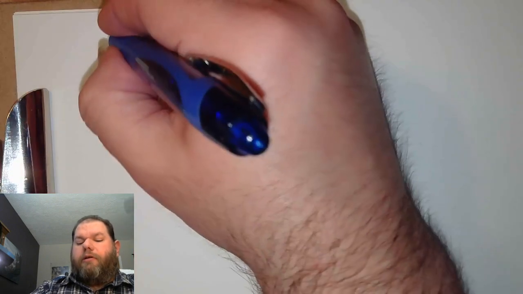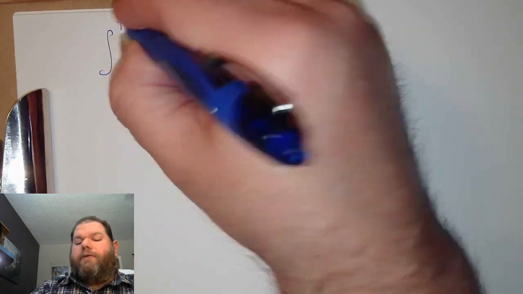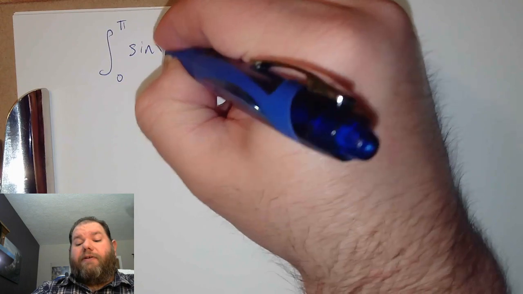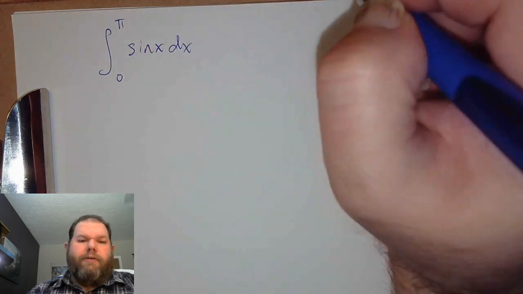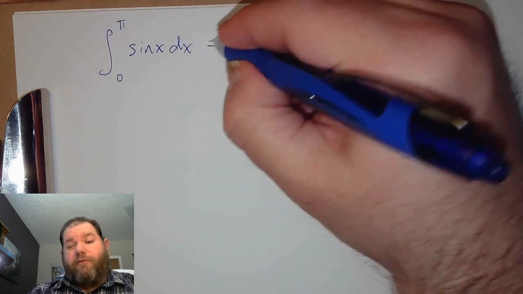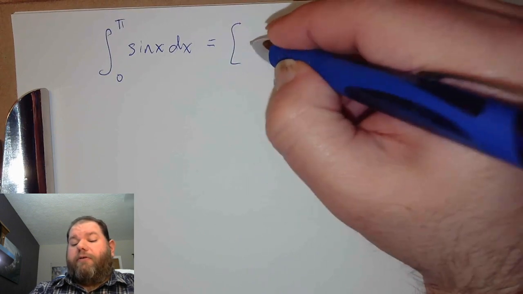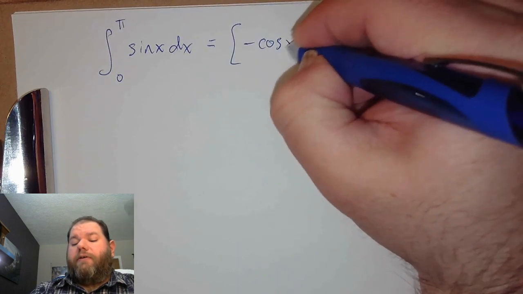Let me start on a new page, though. And I think a nice trig integral would be good. Let's say 0 to pi of sine x dx. Let's look at the actual value first, because we know we can integrate that. Integral of sine is negative cosine x.